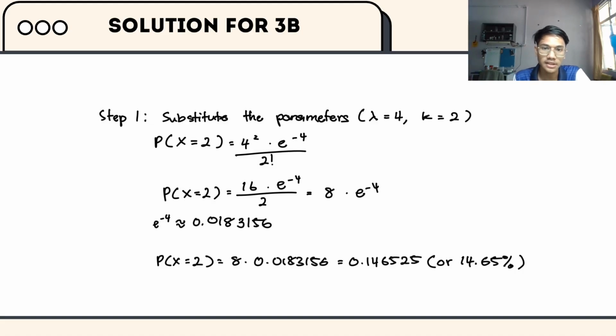First we substitute the parameters we already know, lambda equal to 4 and k equal to 2. When we substitute, we get 8 times e to the negative 4. We use our calculator to get the estimated value and multiply it by 8, and we get the final answer of 0.146525, or 14.65%.